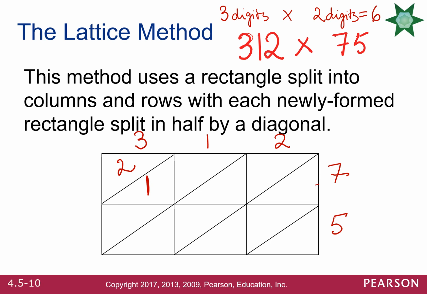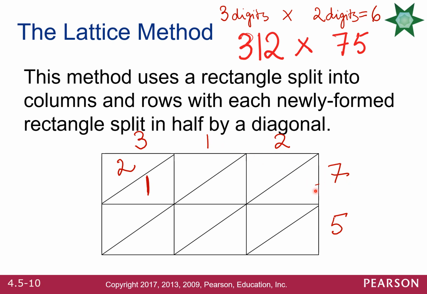All right, so 21, you write it 2, you separate the digits and put the first digit on the top part of the cell for 3 and 7, and write the 2 on top and 1 below. The next one is 1 times 7. So 1 times 7 is 7.